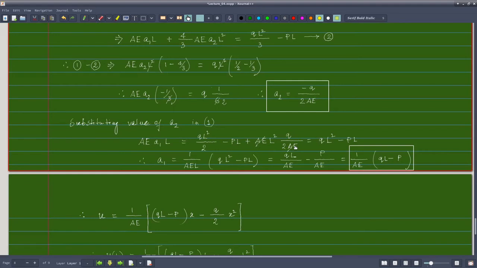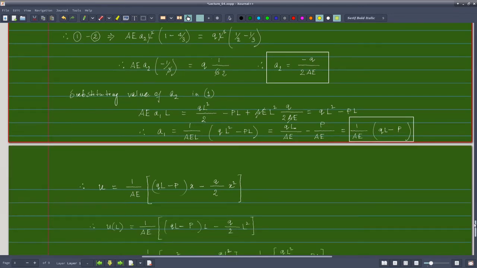This value A2 is minus Q, so this minus and minus becomes plus. So finally I get QL square minus PL. And therefore my A1 is equal to 1 upon AEL by QL square minus PL, or QL by AE minus P by AE, or 1 upon AE QL minus P.